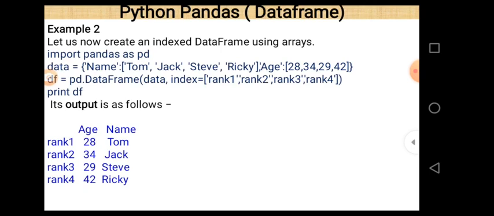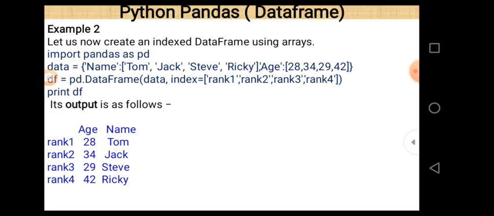And the second line is similar to that of the previous example. Here again a dictionary is passed, in which name and age are the index values, and Tom, Jack, Steve, Ricky, and 28, 34, 29, and 42 are two lists passed as data values in this dictionary.